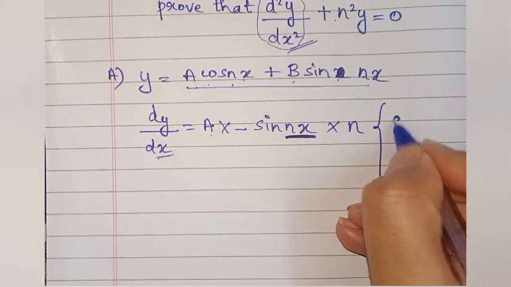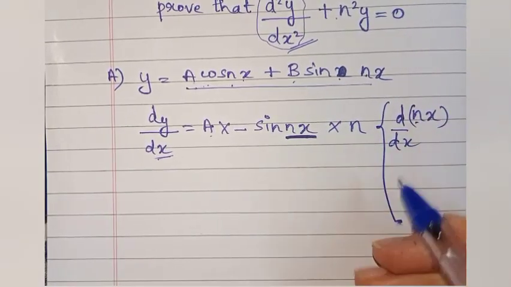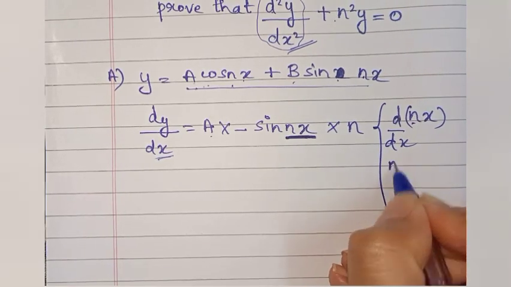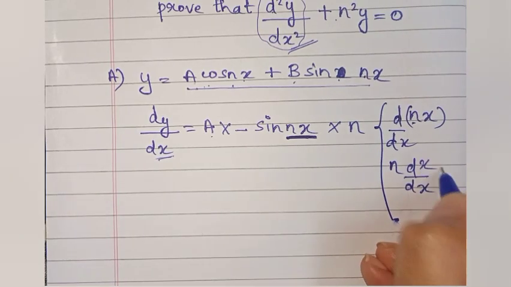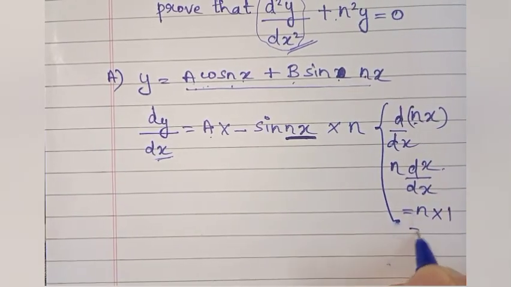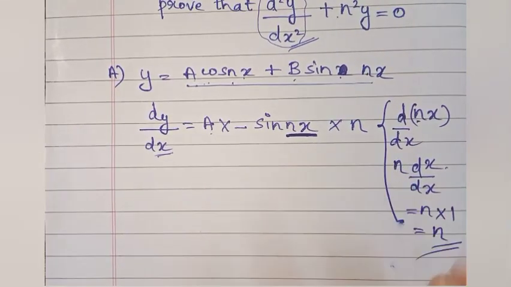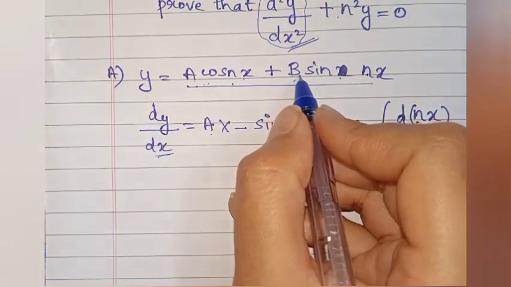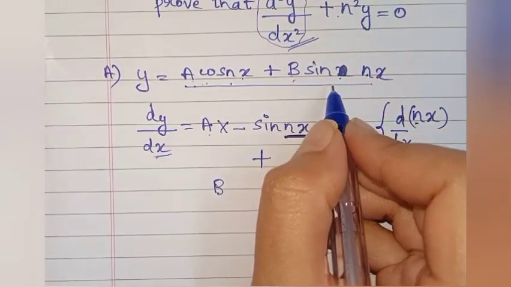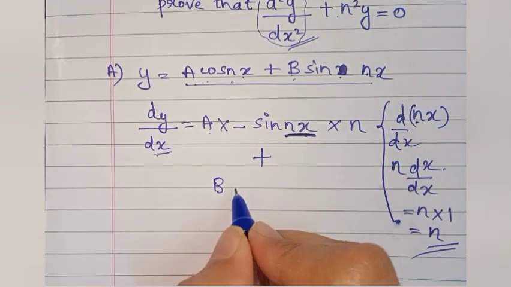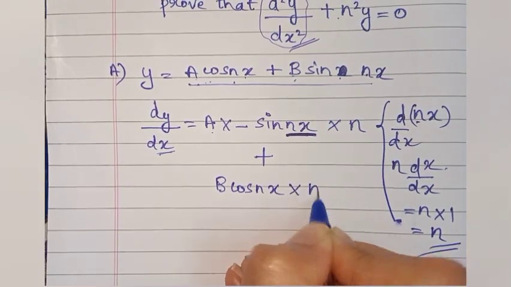I'll show you. d by dx of nx will be equal to, we take n outside since n is a constant, n into d by dx of x, which is n into 1 is equal to n. That's how we get n here, and plus b is a constant, we write b itself, and the differentiation of sin nx is cos nx, and we differentiate nx once more and we will get n.